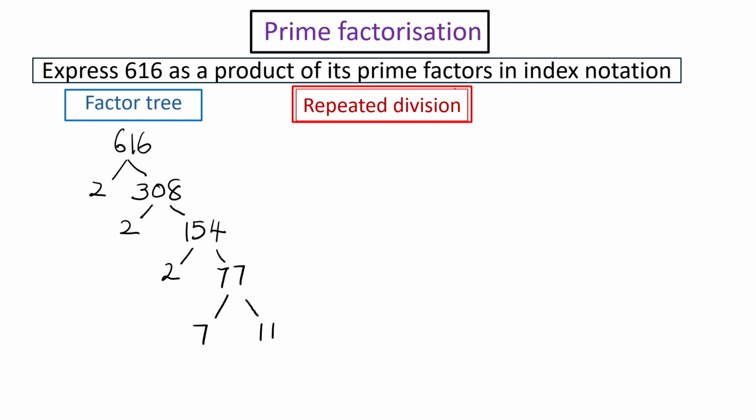You start off by dividing 616 by the prime number 2, and you have 308. And 308 is divisible by 2 and 154. And 154, you can continue to divide by 2 and get 77, and so on and so forth, until finally all the numbers that you have are prime numbers.